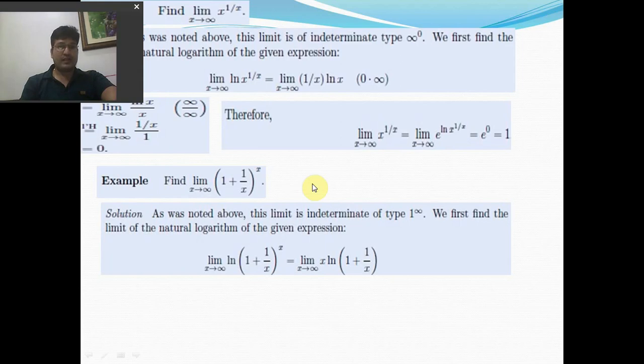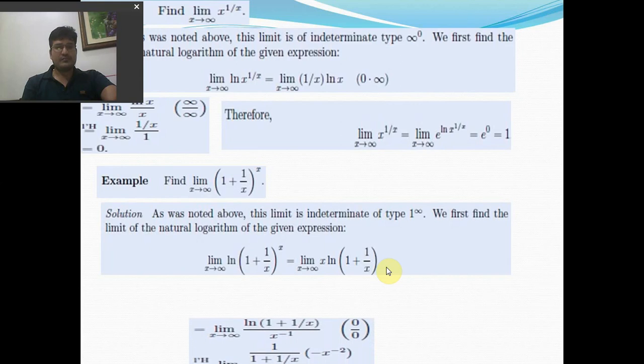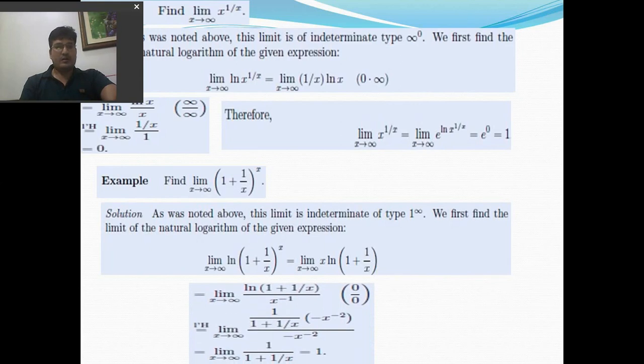And again, this function is of the type of f(x) raised to the power g(x) type. So we will take the log both the sides first. So limit extending to infinity, log of 1 plus 1 upon x raised to the power x can be written as limit extending to infinity x log 1 plus 1 upon x. Now this expression can be written as log 1 plus 1 upon x upon 1 upon x, right?